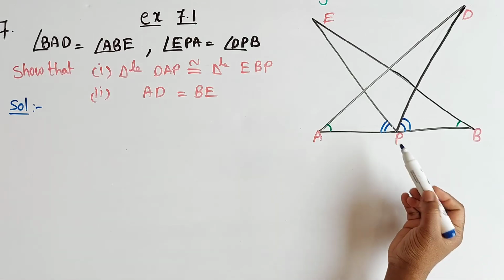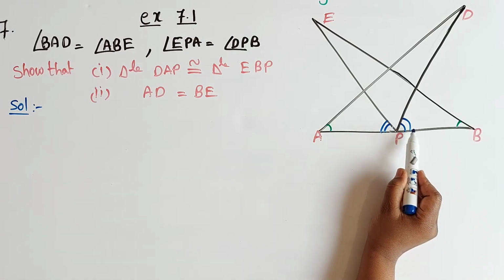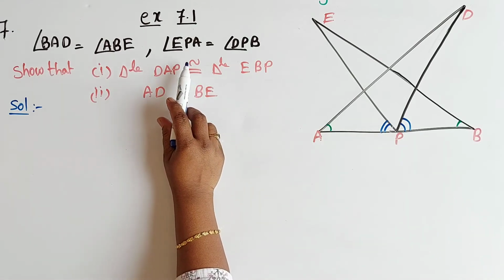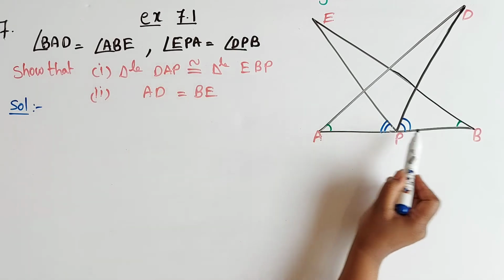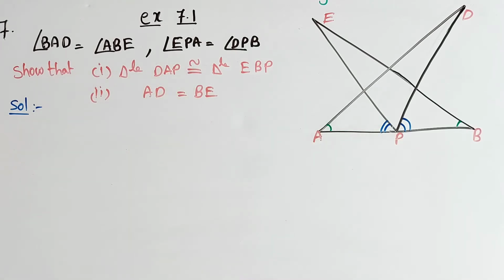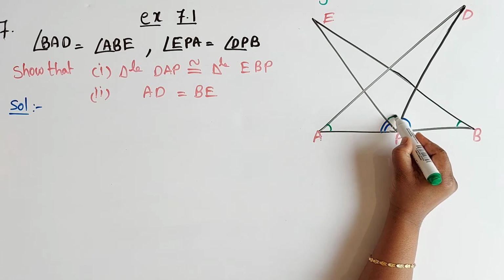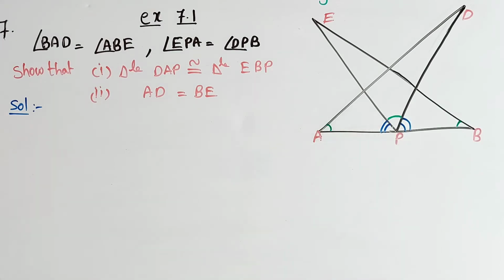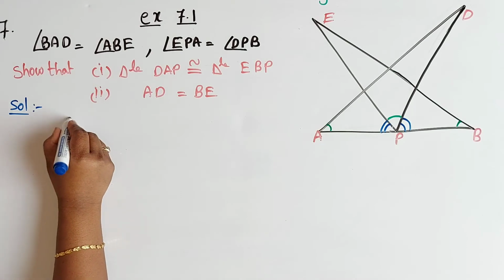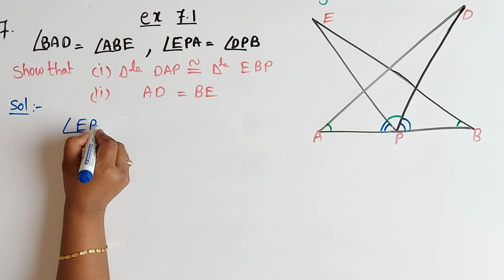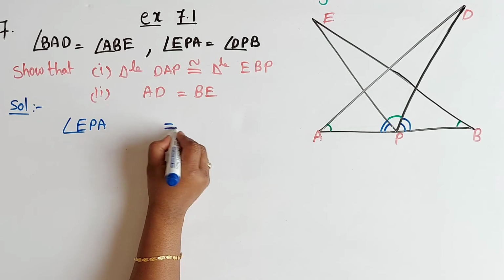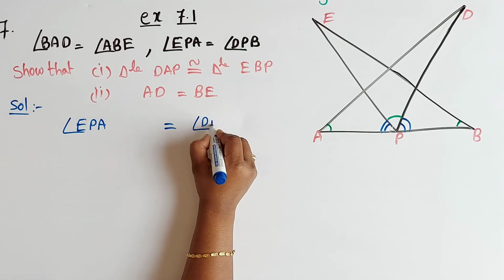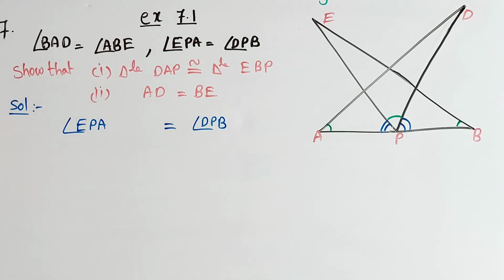Observe the picture, children. Here these two angles are equal. It is given that angle EPA equal to angle DPB. These two angles are equal. If you add this part, we can make these two angles equal. Now we'll see how it is. They have given angle EPA is equal to angle DPB. Correct, children?